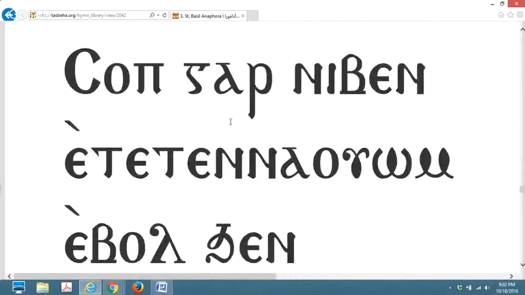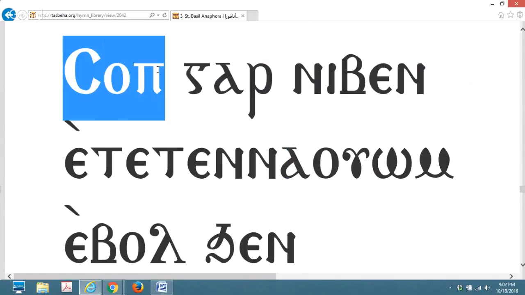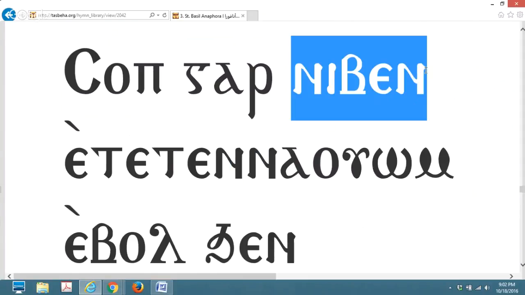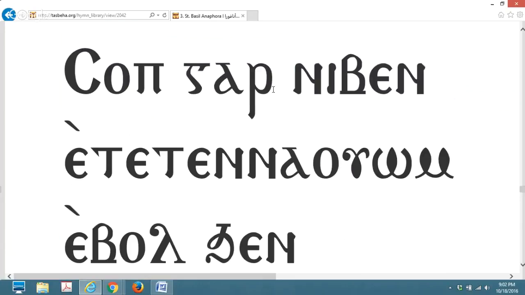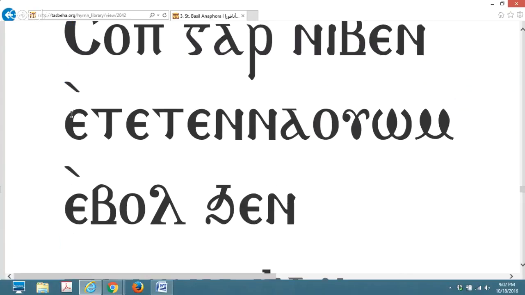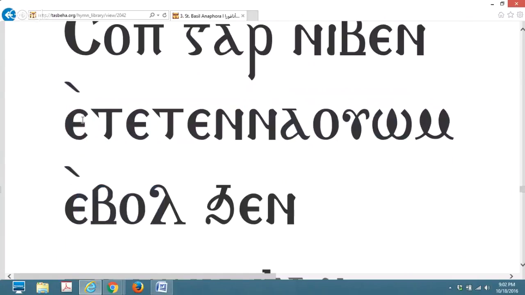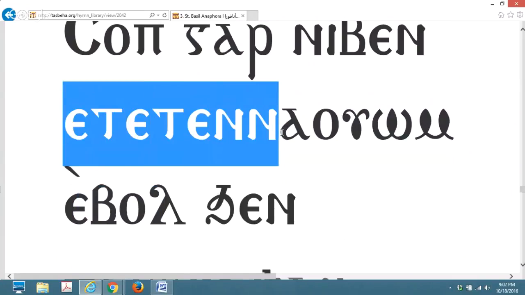So the next part, sop ghar mivan. Ghar, remember, it's the Greek particle meaning for. So for. So sop means occurrence or instance. And even means every or all. So for every instance or every time, so for every time, this is the relative of the future.